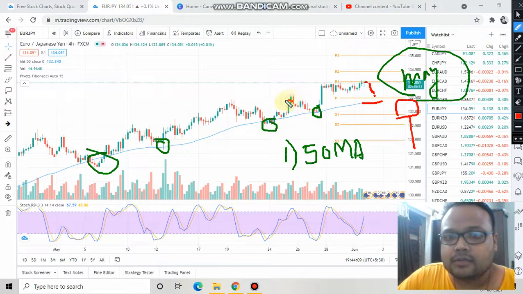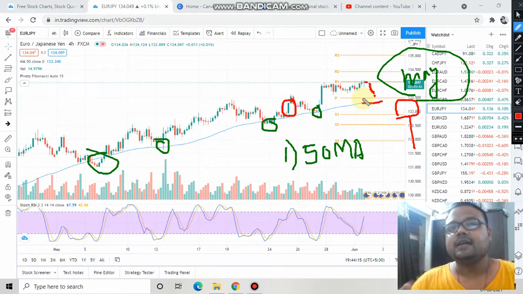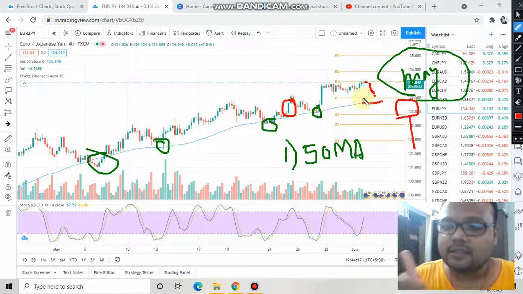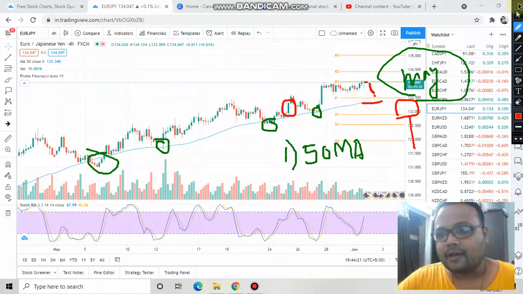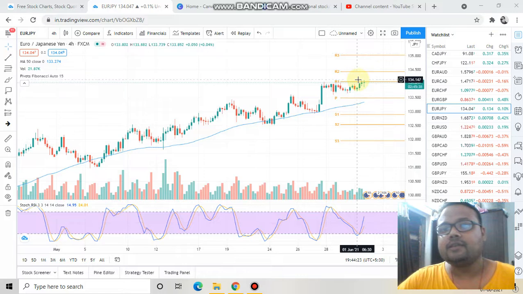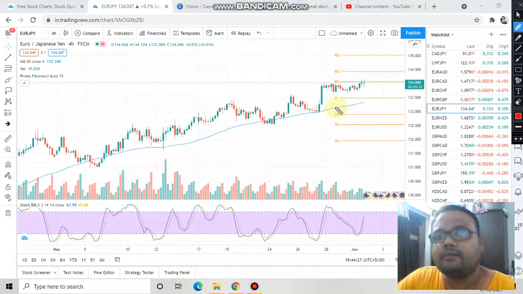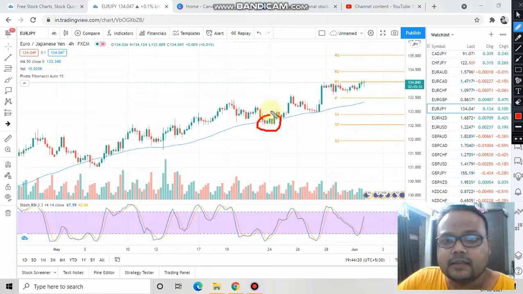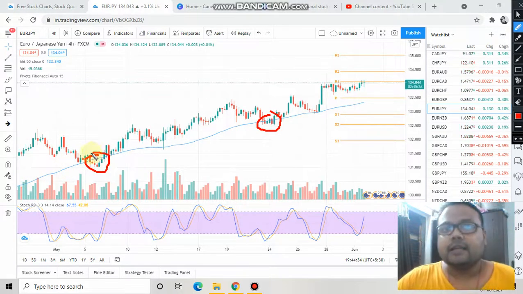If the market forms a green candle like this on the support, you'll get the confirmation, and then you can go for a buy order. Otherwise, if the market crosses the 50 moving average like this, then you should not buy. You'll have to wait for the market to cross the 50 moving average again.